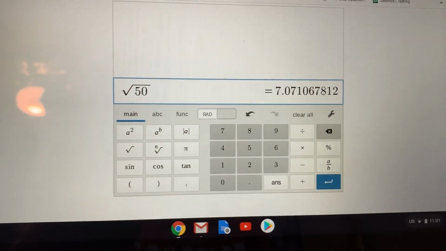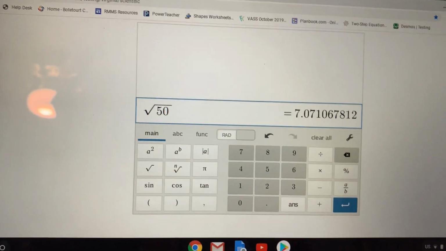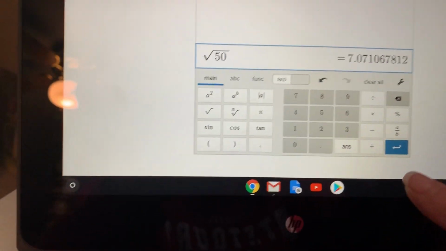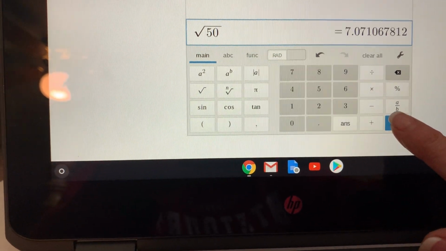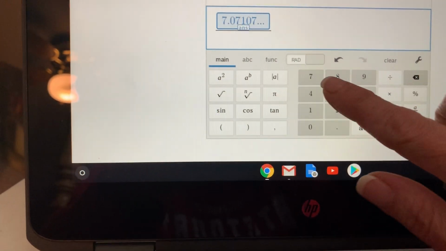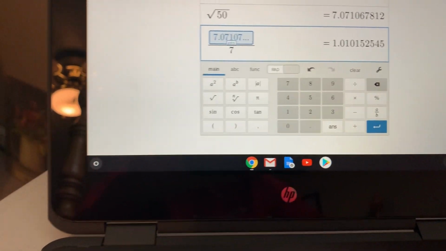Now, we can take this further if you want, and we can divide it. Scroll down, we'll take our answer, and we'll divide that by the 7 that was on the bottom. And we'll get negative, because we got to put that negative back in front of it.